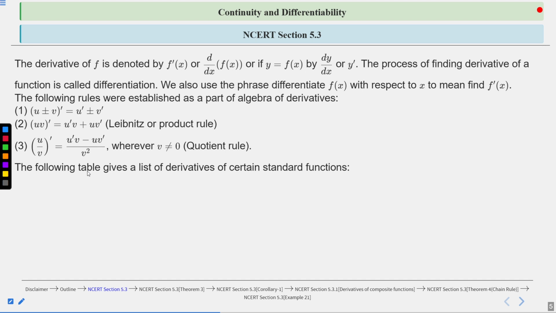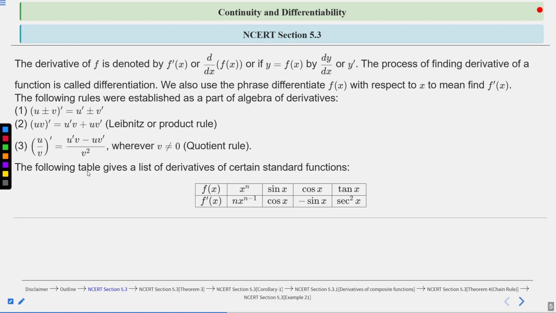The following table gives the list of derivatives of certain standard functions. You need to remember the derivatives of these standard functions. Here is a table in front of you. The first row is the row of f(x), and the second row is the row of f dash x.